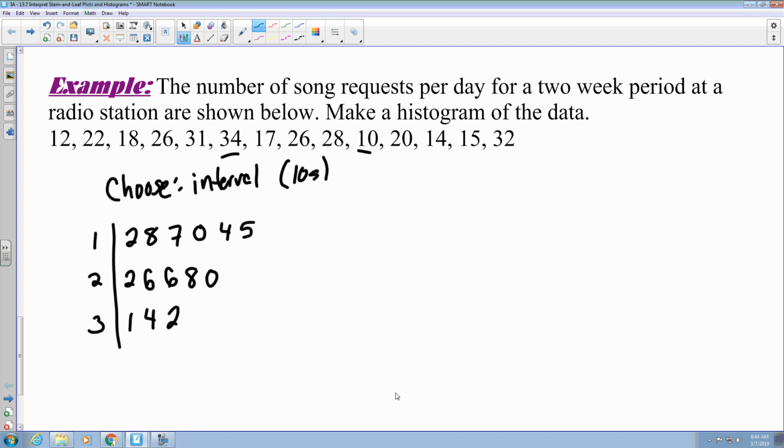So what this is kind of doing is giving me an idea of how I can write out my frequency table.